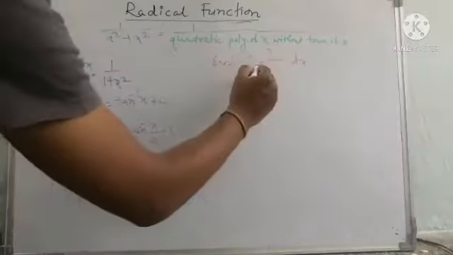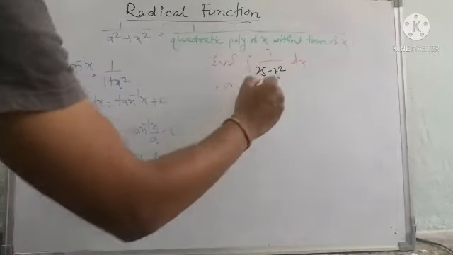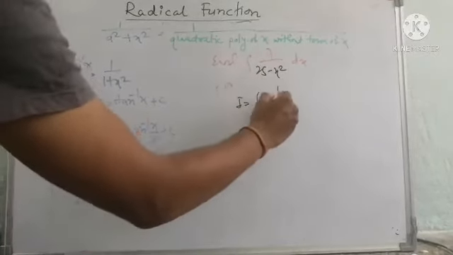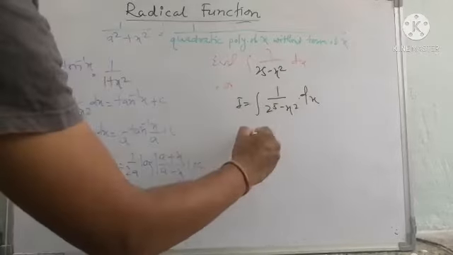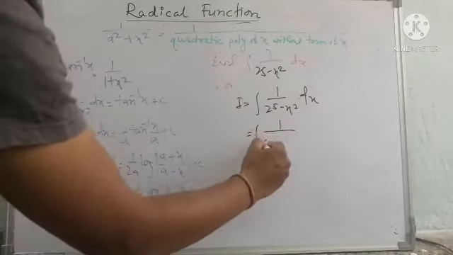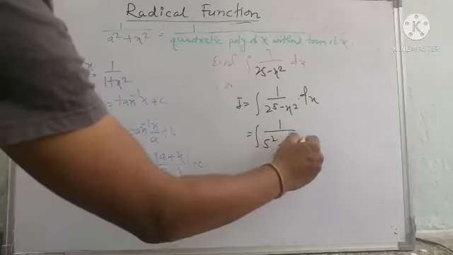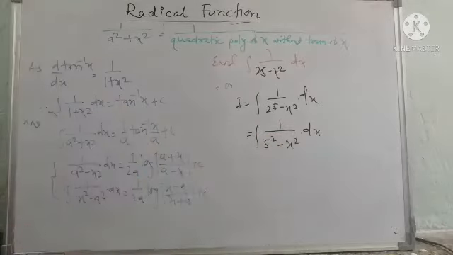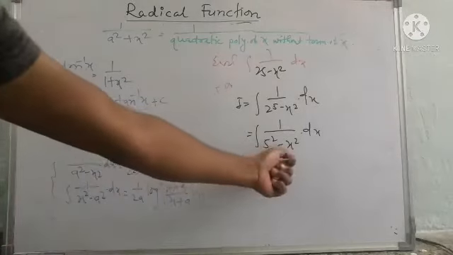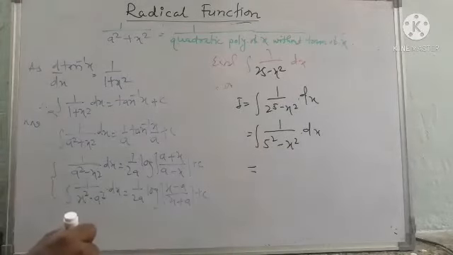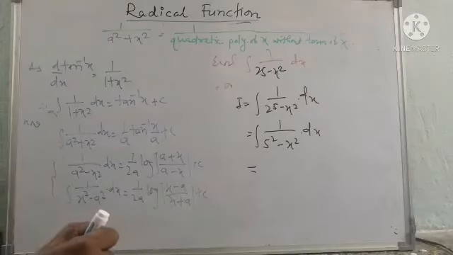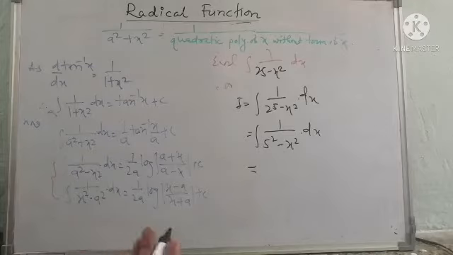Okay, now the next example is integration of 1 upon 25 minus x square. So I is the given integration of 1 upon 25 minus x square. Again this is a radical form. Now we convert the constant into a square. 25 is the square of 5. So comparing this with 1 upon a square minus x square, as subtraction is given. Always remember, if subtraction is given in this radical form, then the integration will be in log with coefficient 1 upon 2a.